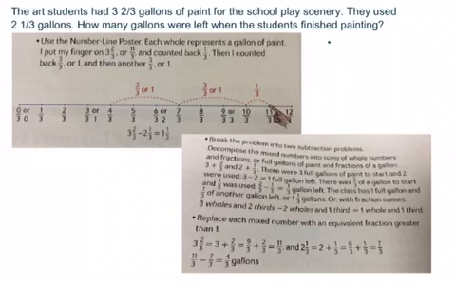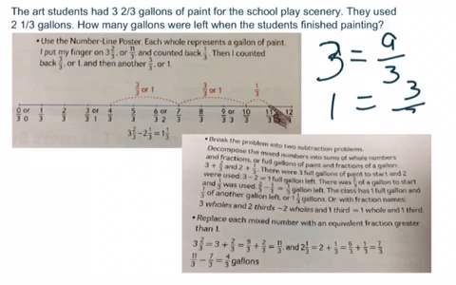When I have 3, each of these is worth 3/3, so 3 of them would be worth 9/3, because 1 is worth 3/3, so 3 is worth 9/3. So I add that plus the 2/3 in my mixed number, which is how I got to the 11/3 right here.